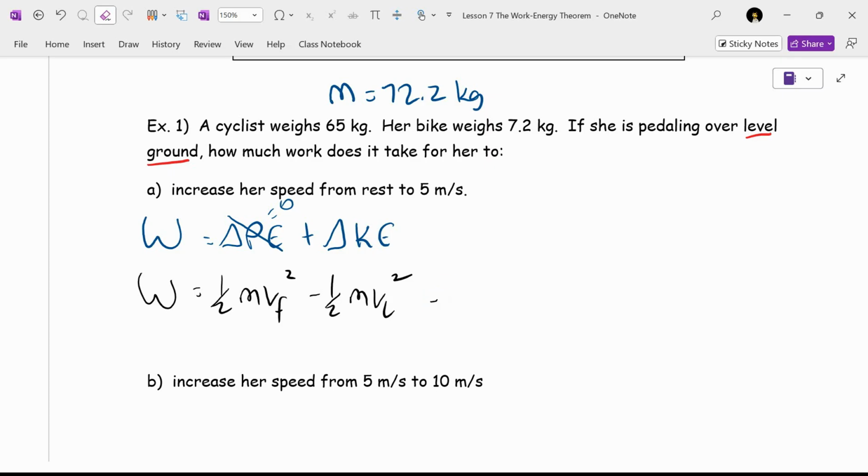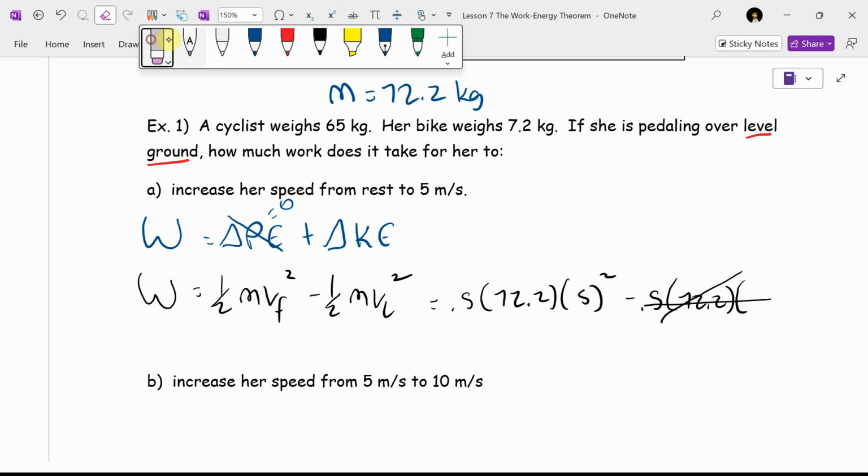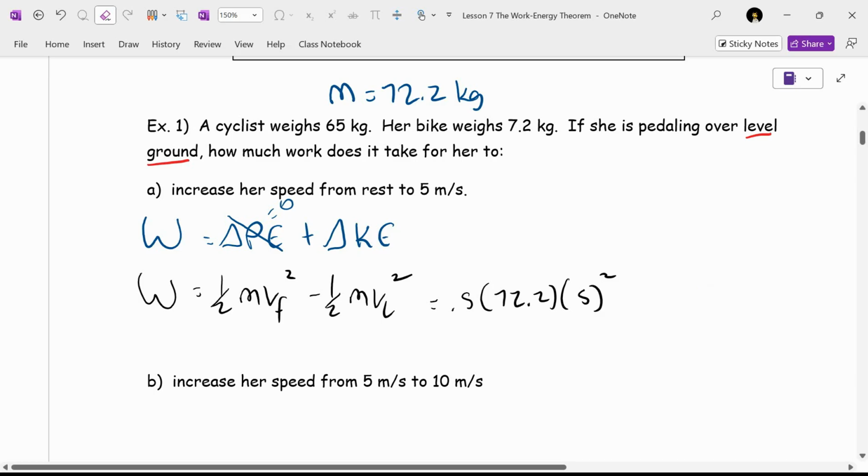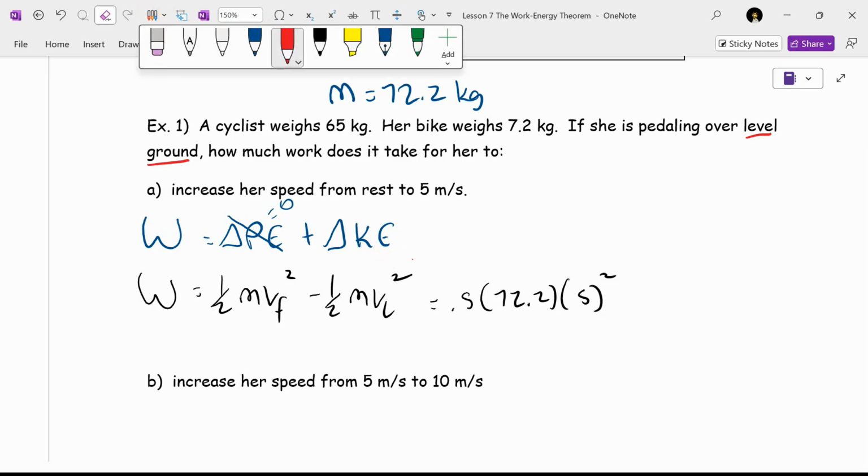Let's crunch our numbers. It's going to be 0.5 times 72.2 times 5 squared minus 0.5 times 72.2. Oh, I guess because my initial speed is 0, I can get rid of this whole term.